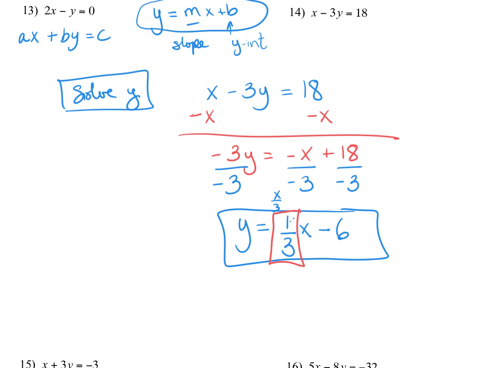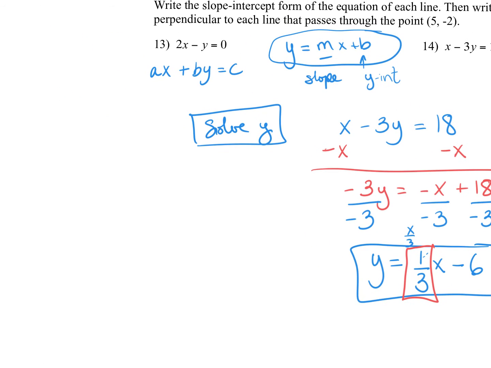But I also wanted to show you something else. Same concept, obviously, but I'm going to solve just my plain old literal equation. If I do ax plus by equals c, I still want to solve for y, because the goal is to determine what the slope and y-intercept are.